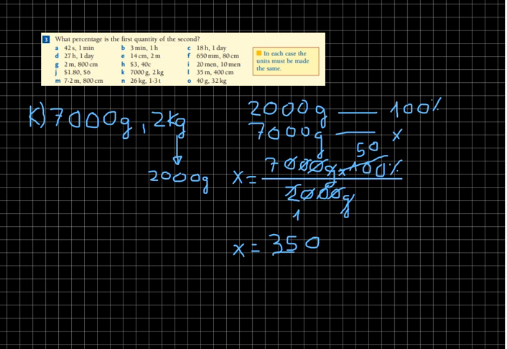In the denominator I have just a 1, and don't forget that what remained was the percentage. Now every fraction with 1 as a denominator is in fact an integer number, so the answer is 350%. So 7,000 grams is 350% of 2 kilograms or 2,000 grams.